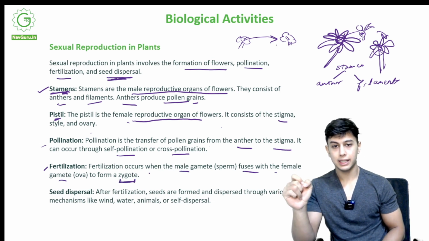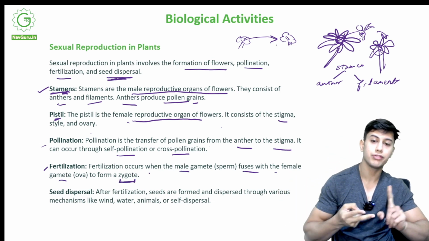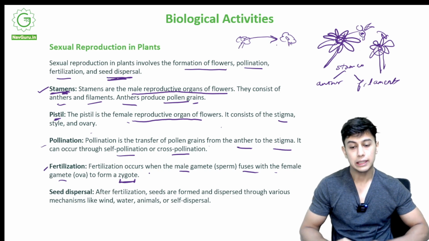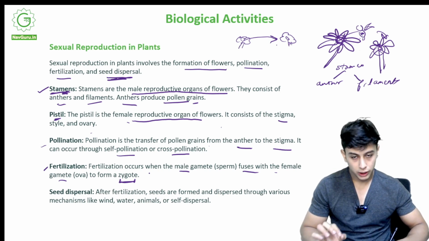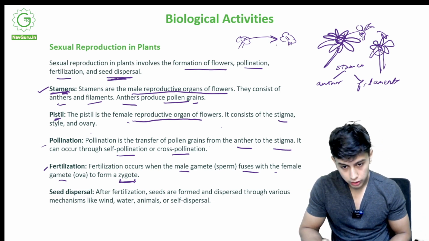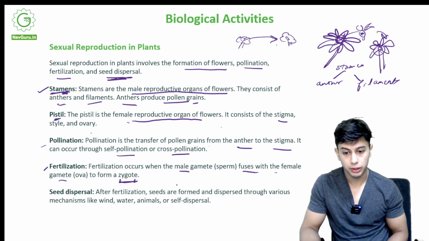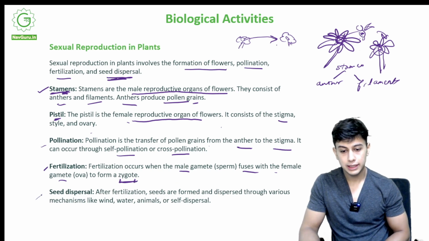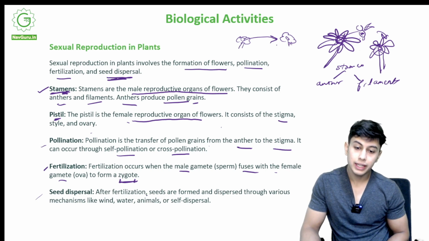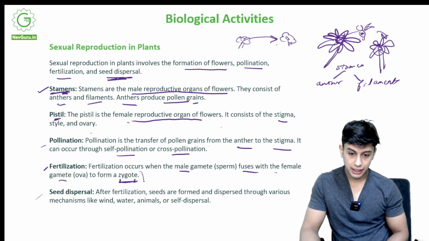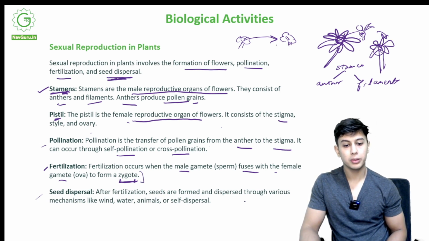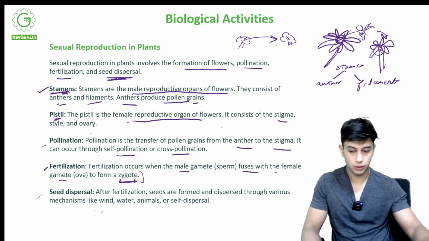That fertilized egg, when the male gamete and the female egg combine, what they form is a zygote. It is called a zygote. Okay. Seed dispersal. After fertilization, when zygote is formed, seeds are formed and dispersed through various mechanisms. So let me show you how.